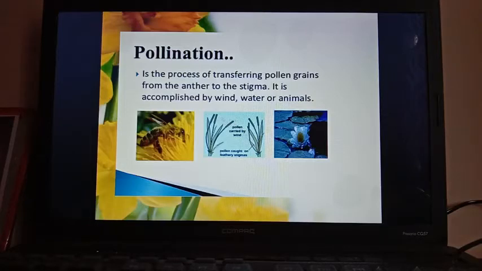So pollination is the transfer of pollen grains from the anther to the stigma. It is accomplished by wind, water or animals. So these are all pollinating agents. Birds and insects are also very helpful in pollination. They are known as natural pollinators.